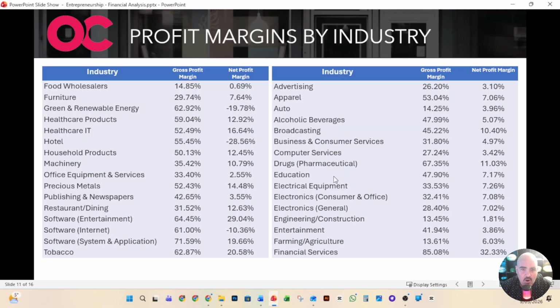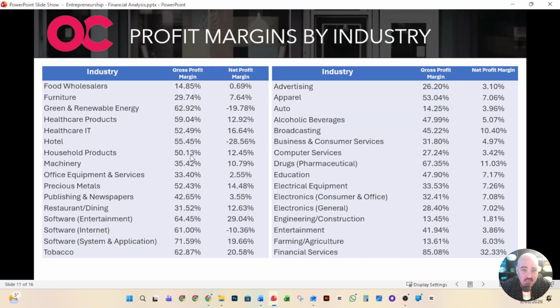And here, guys, here's an overall look at different industries. Household products, I think there.